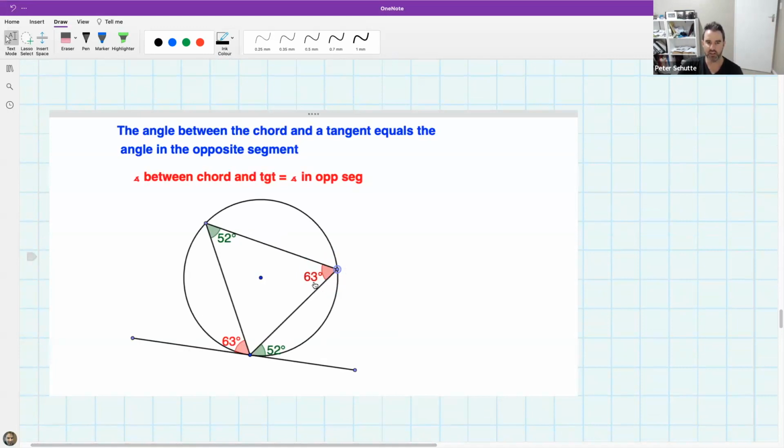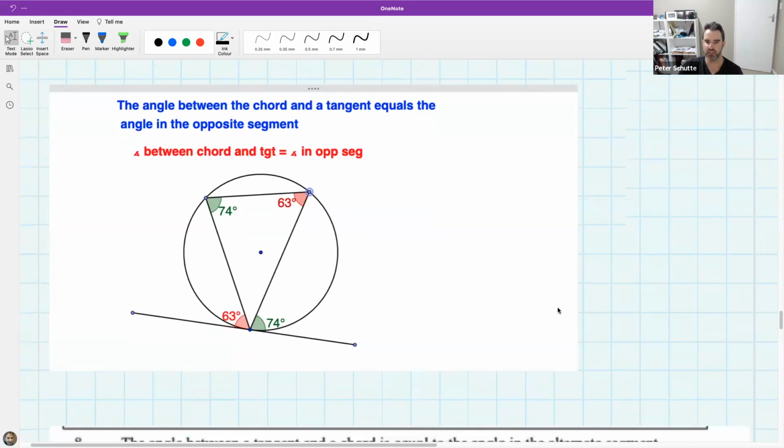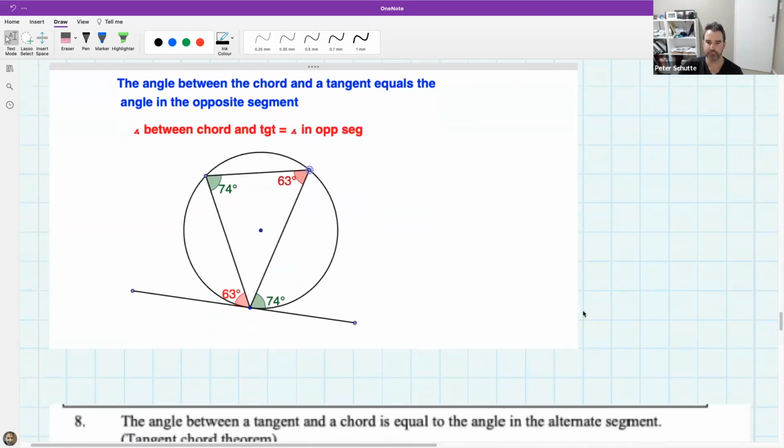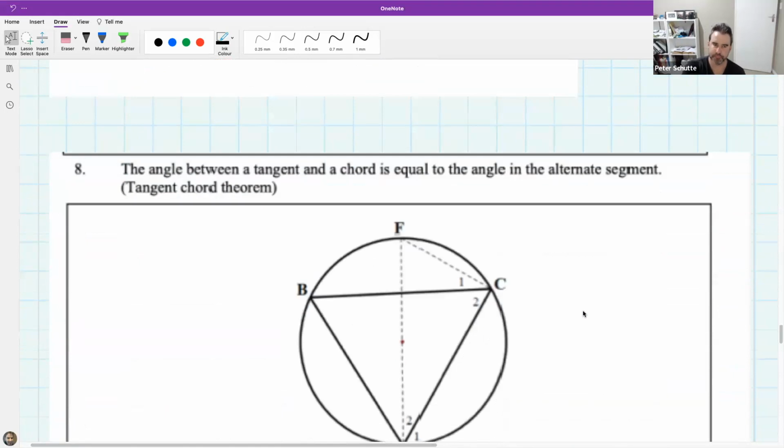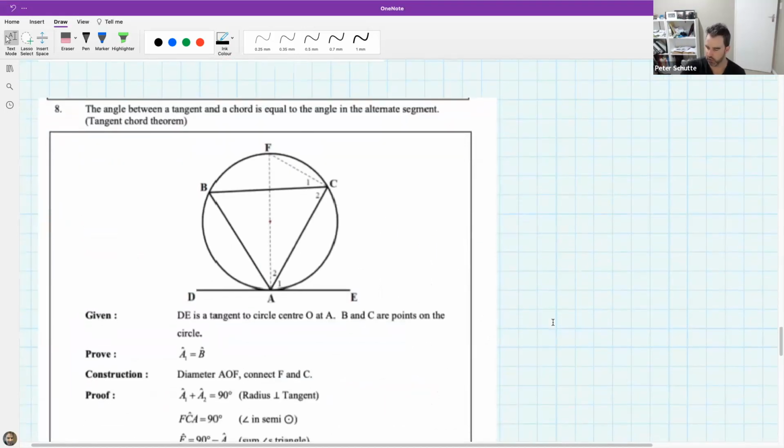So if we look at this, the angle between the tangent and the chord is equal to the angle in the alternate segment. We don't go through the middle here. Let's just look at the proof to see what it actually says. So if we look at this theorem, what are we given?